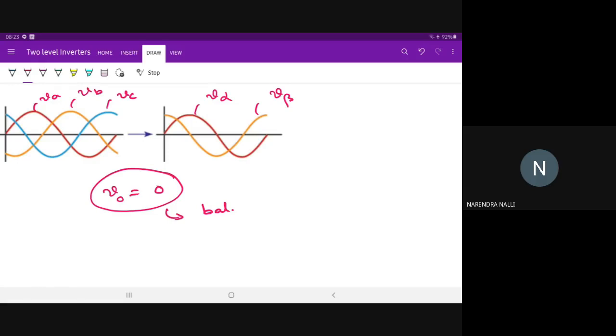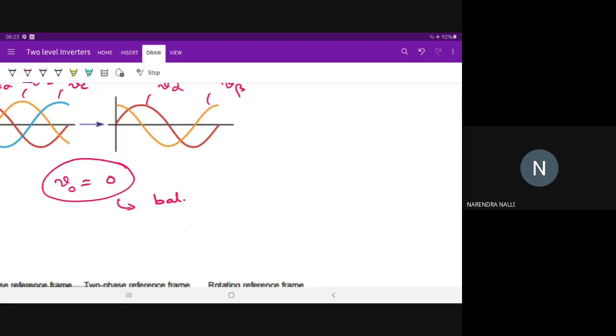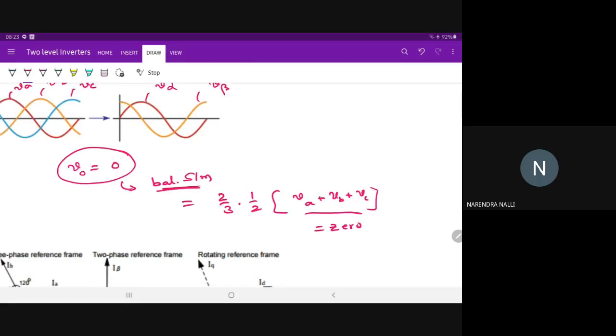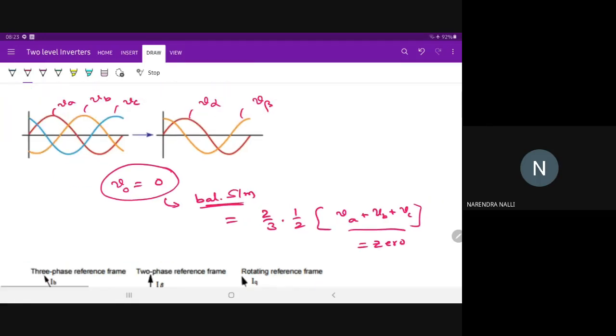When you calculate this V0, it is 2 by 3 times 1 by 2 into VA plus VB plus VC. In a balanced system, VA plus VB plus VC is 0, right? So V0 is 0 in case of a balanced system. Whenever there is unbalance between phases, only then will you get some finite value for V0.